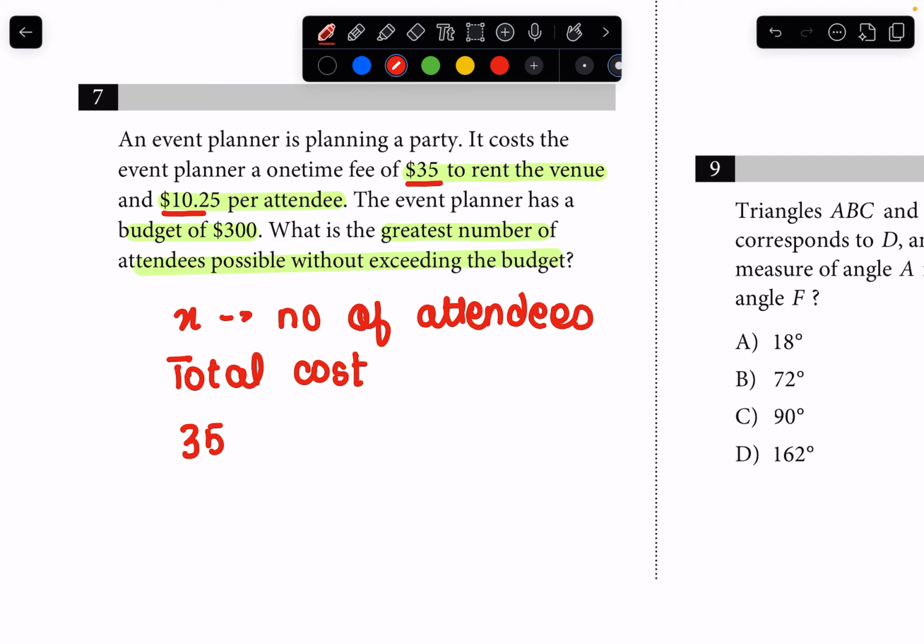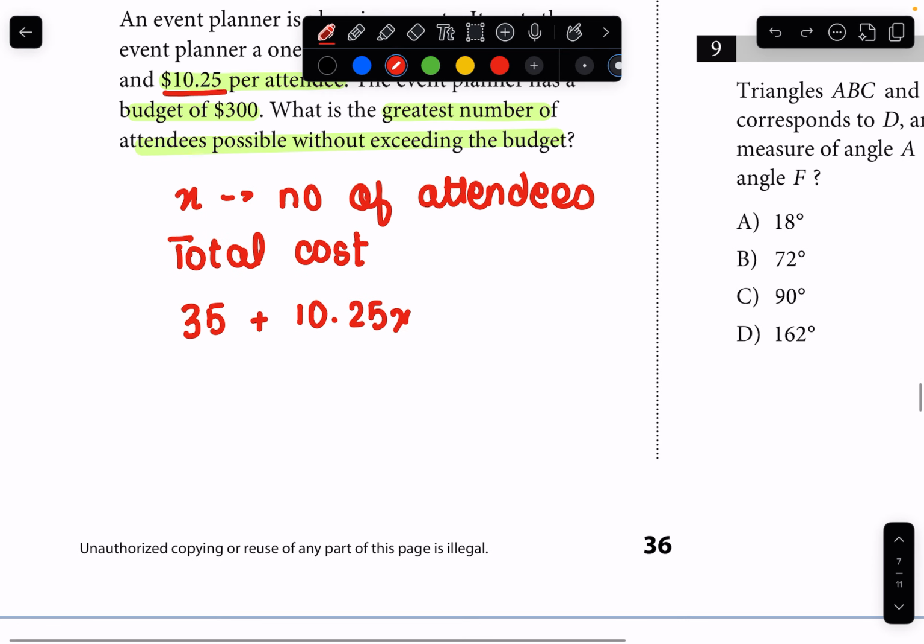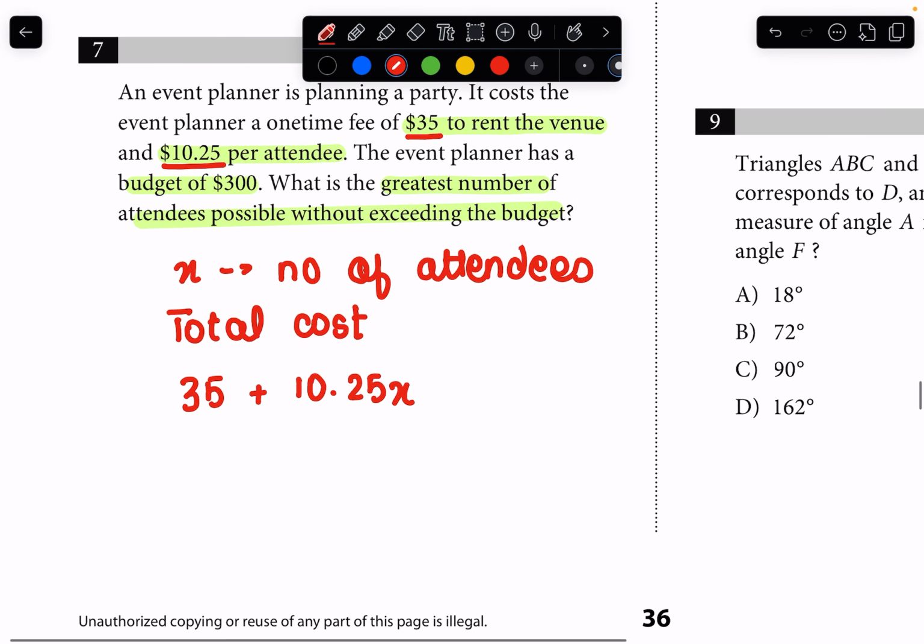Now it's costing 10.25 per attendee, so that's going to depend on how many attendees we get. So that's going to be 10.25 times the number of attendees, which we kept as x, so we can just keep it x in here. It should be less than or equal to the budget, the 300 in here.